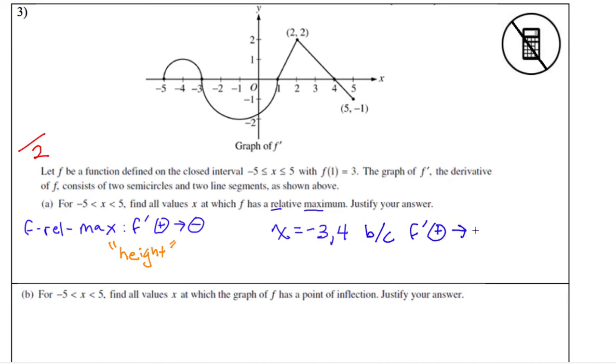You need 1 point for getting x equal to -3 and 4, and you get 1 point for your justification. Yeah, I put g prime. Did I give you a point? I probably should not have given you that point. But it's okay. You get full points after you do your fix-up.